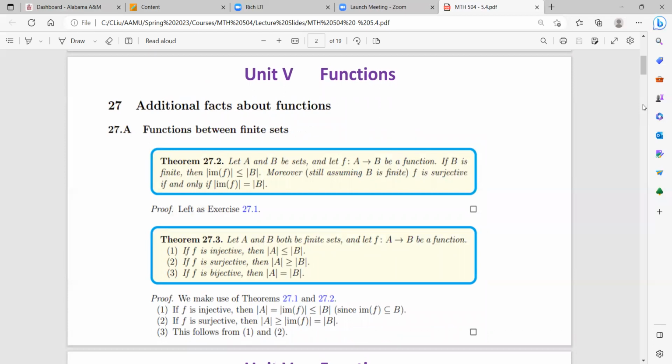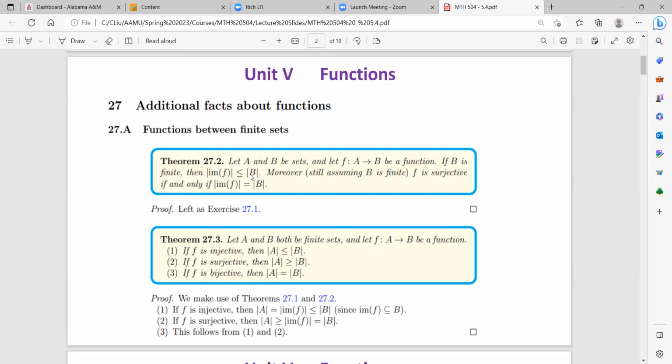And the next theorem says, again, we have a function f from A to B, where A and B are both sets. This time, let's say B is finite instead of A. The previous theorem is about the size of A being finite, but this time we're talking about the size of B. If B is finite, then what can we say?